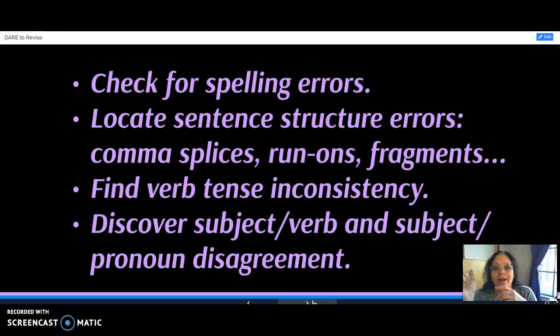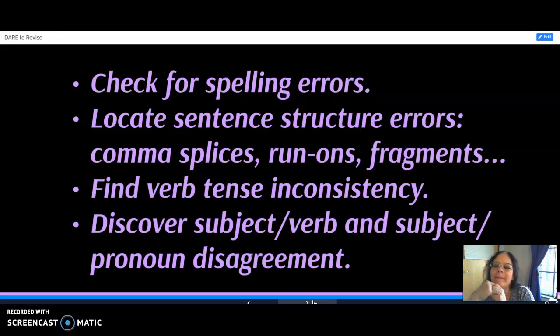Run-ons. This is where you have multiple sentences stuck together with nothing to hold them together. Sometimes they just need a comma before the and or the but, or sometimes they need a period. And then fragments, or incomplete sentences. These usually happen in one of two ways. Either the person is writing and then hits a period and then finishes that sentence, and when you read it, it sounds right.